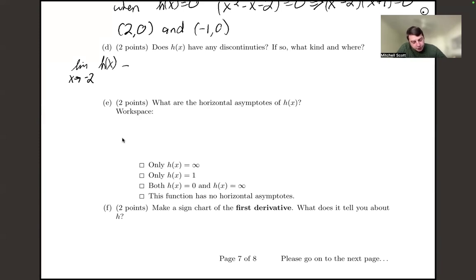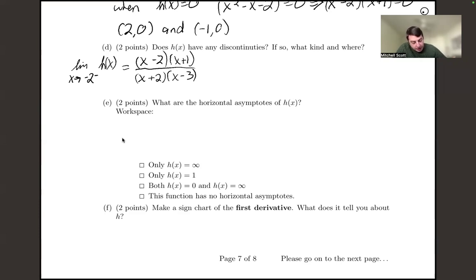So now we're going to write it in its factored form, x minus 2, x plus 1 over x plus 2, x minus 3. And we're going to see as x approaches minus 2 from the left, what's going to happen, right?